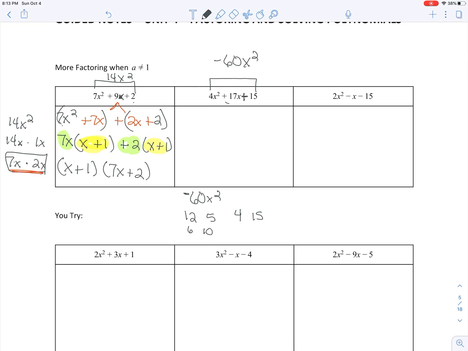I think I may have made a mistake, and this should be plus. So then 12 and 5 works. So we're going to use 12 and 5.